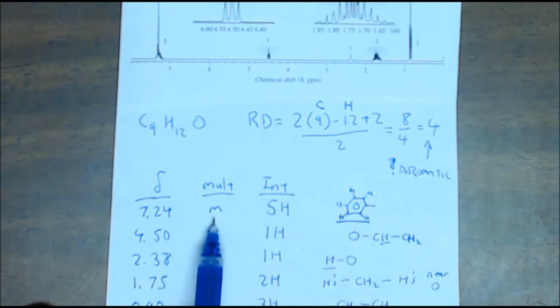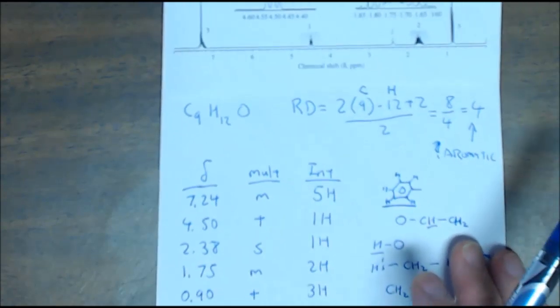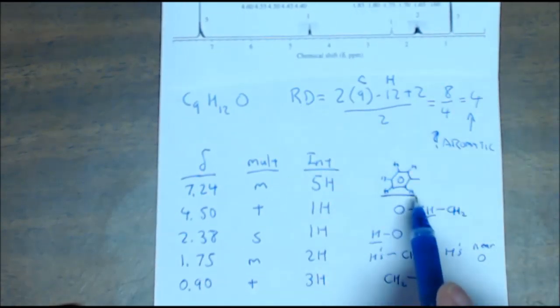The multiplicity here, I wrote multiplet. I don't know what this is over here. Okay, my eyes aren't that good. I can't figure out what that is. But I don't need the multiplicity because I know that that's 5 hydrogens. It's integrated to 5, and I know that it comes in the 7 region. So I don't really need the coupling in this case because I know that that's going to be a mono-substituted aromatic ring. So there's my aromatic ring.